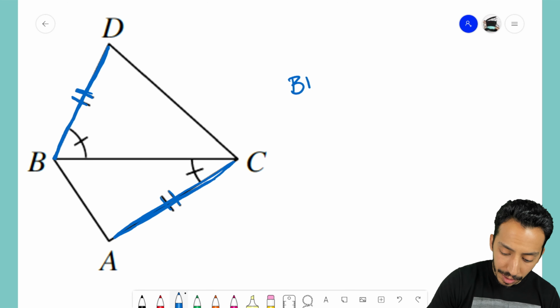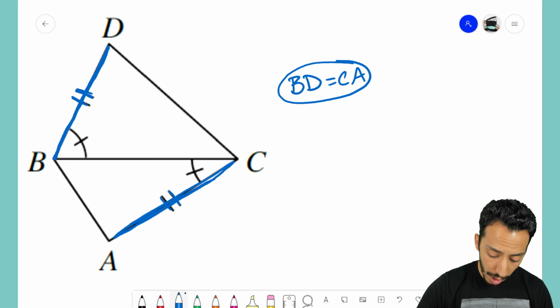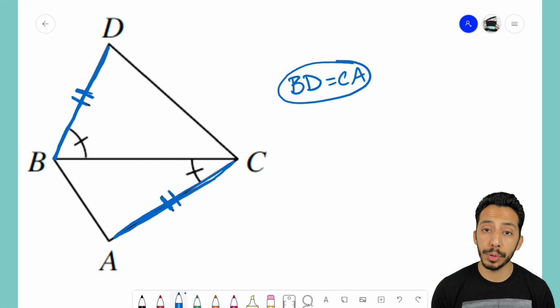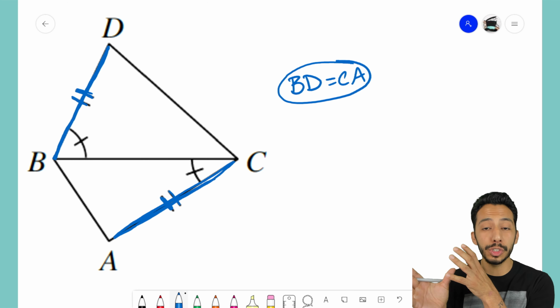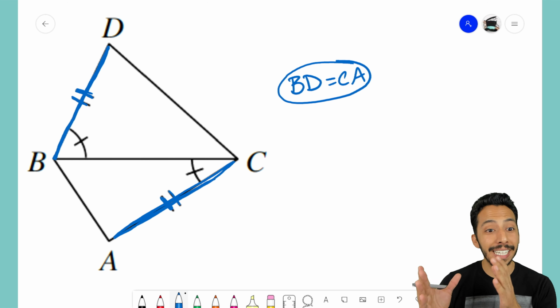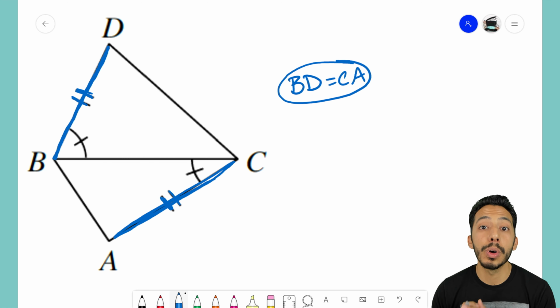I'm going to write that out: BD equals CA. That is a fact, because of those two hash marks on those sides. That's all you really have to do when you start with these proofs: look at those triangles and see what has similar markings. BD and CA have two marks each. Those sides are equal. Perfect.